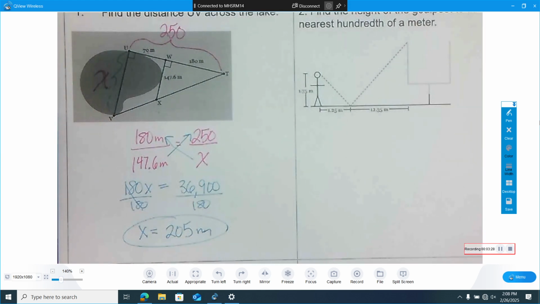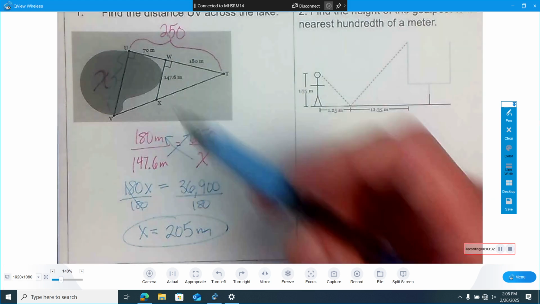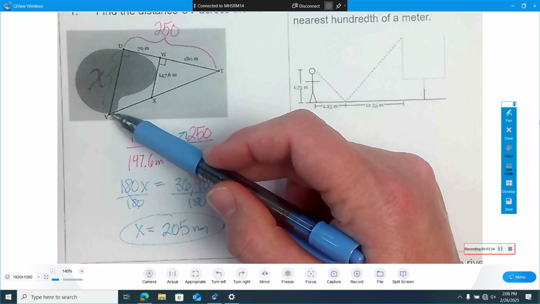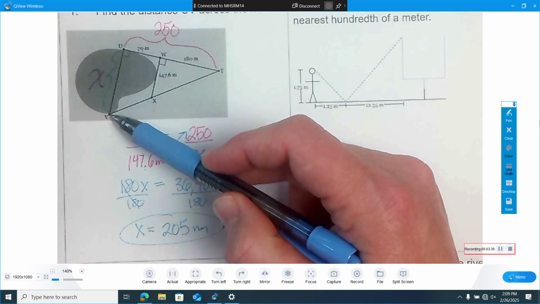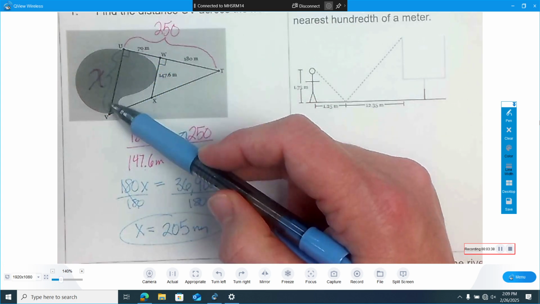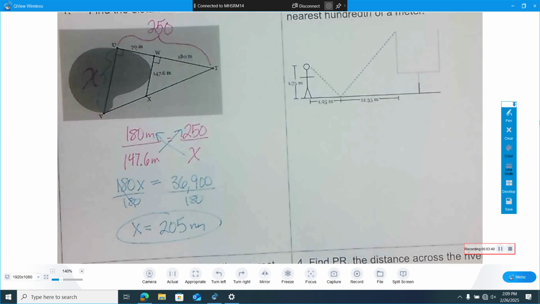Wait, would it be meters? It is not, because it is a length. So this would be like 300 feet or 300 meters or 1 mile. Meters squared, because the 250 times 200, you're combining the meters, and it would be squared, wouldn't they? You are not wrong.